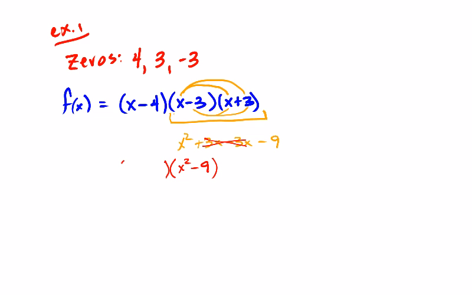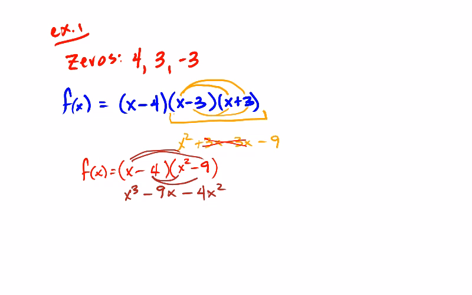And we have x minus 4 still. And so we can multiply this out further and get the function that has the zeros and is where it kind of all came from. So foiling one more time, x times x squared is x to the third. X times 9 is 9x, so minus 9x. Then minus 4x squared.